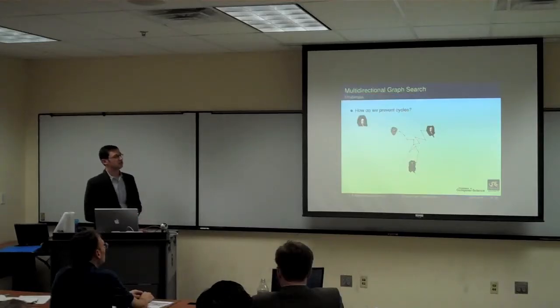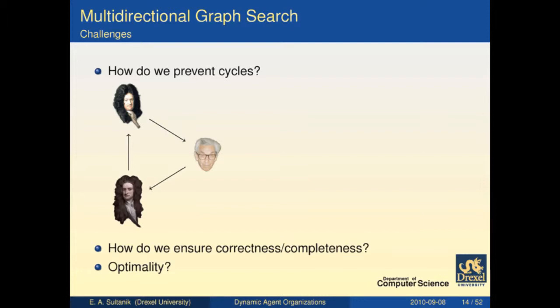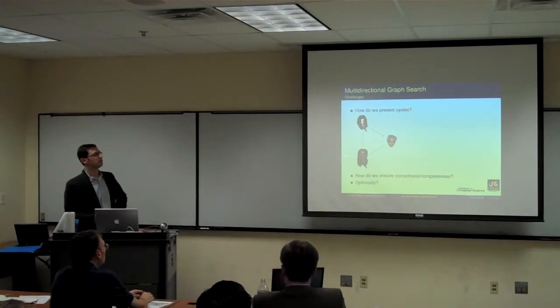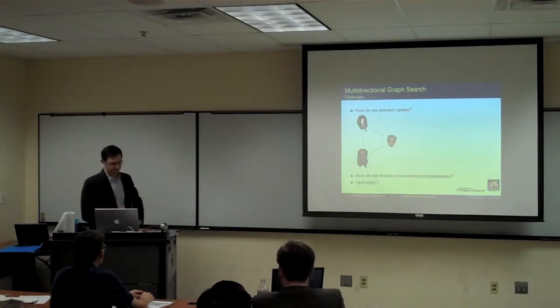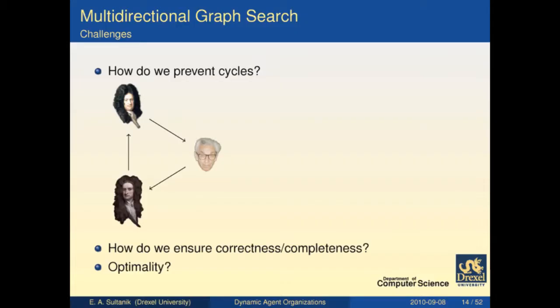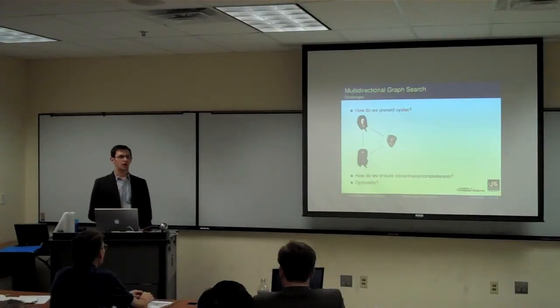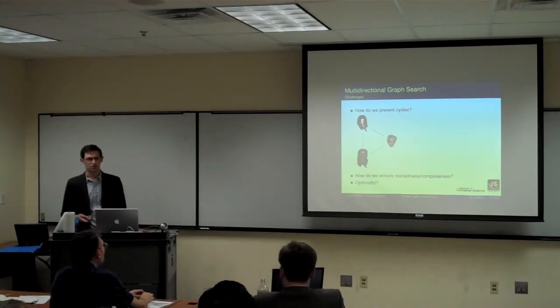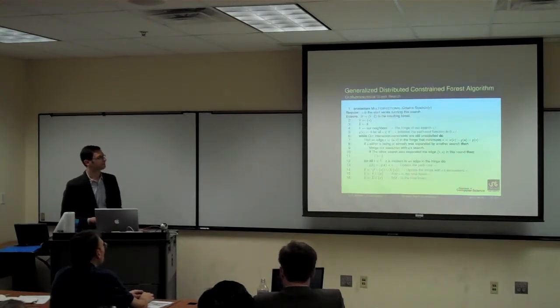But the challenges to this are, how do we prevent cycles? We're trying to find tree structures here, forests, yet each of these individual searches may create a cycle. How do we ensure that if a solution exists, we will actually find it? And how can we say anything about optimality? Perhaps we may just be doing local optimization and finding a local minimum.